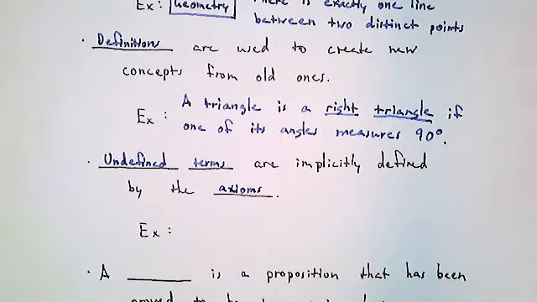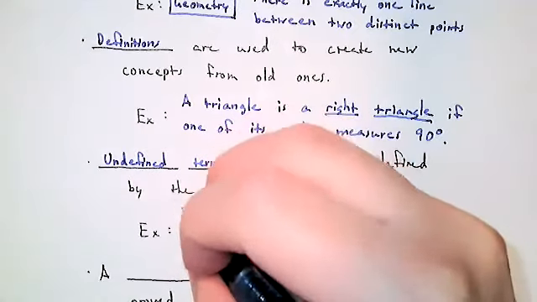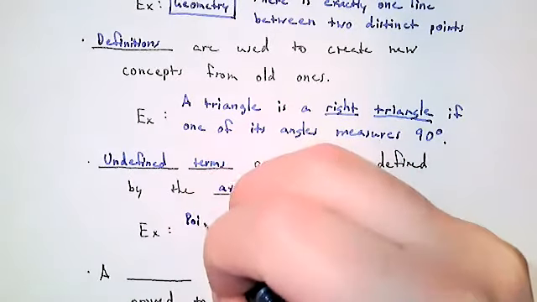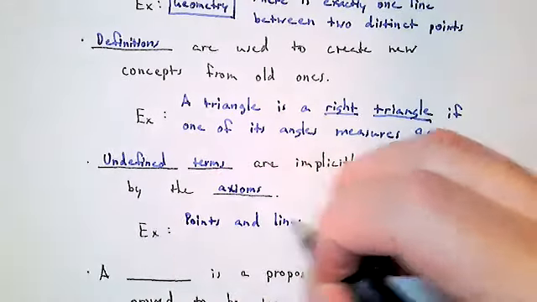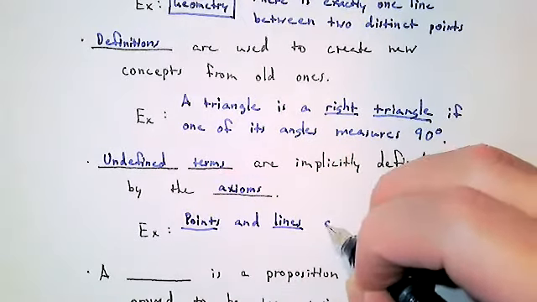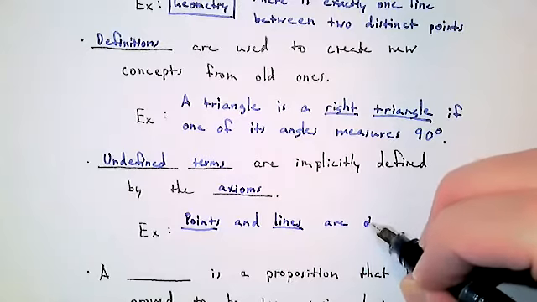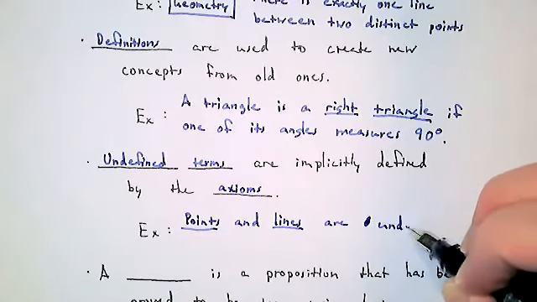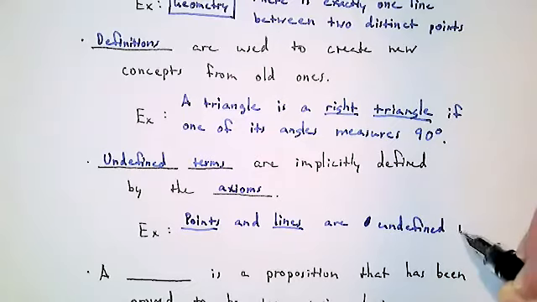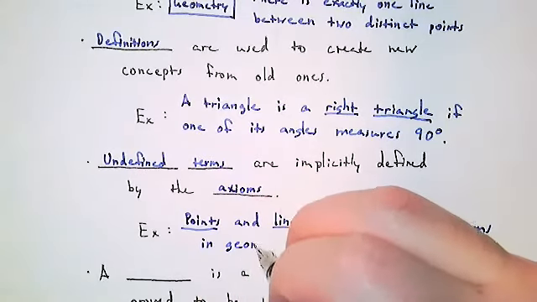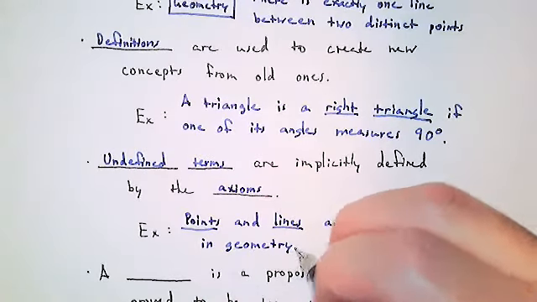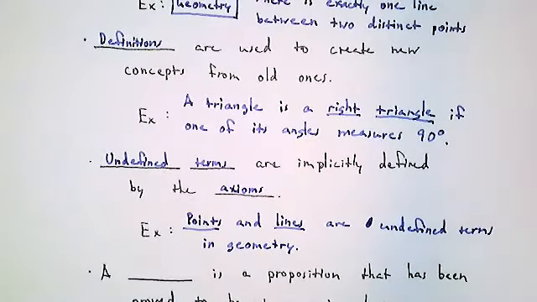The axioms just define implicitly what those are based off of their properties. And in basic set theory, like we talked about, our undefined term was actually a set. We didn't actually define what a set was.